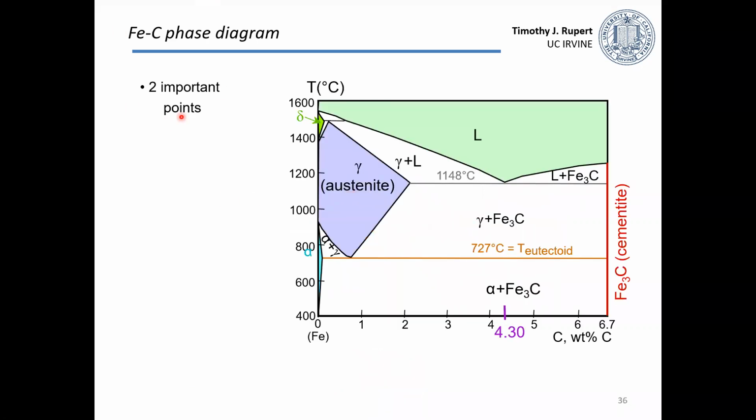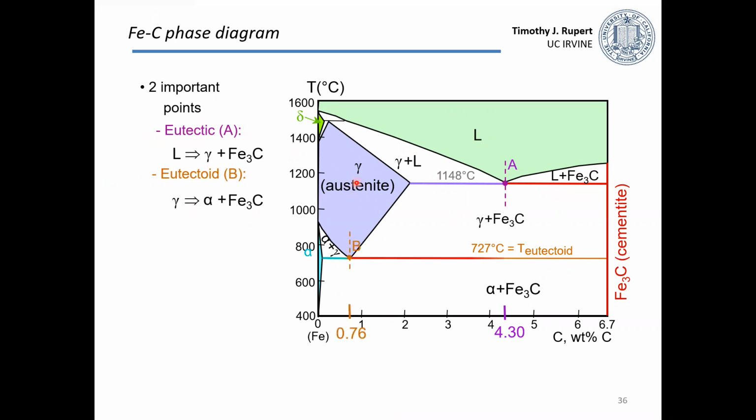So this is an example of the well-known steel phase diagram. We can identify a few different points. There's a eutectic, so we're going from a liquid to two solids at that point A. There's also a eutectoid, where we're going from a solid to two different solids at point B. Okay, so if we think about what happens if we're above that temperature at point B, we only have this one solid phase.